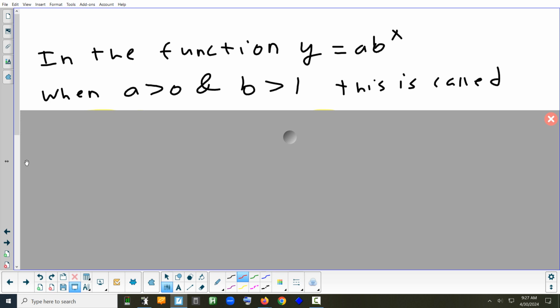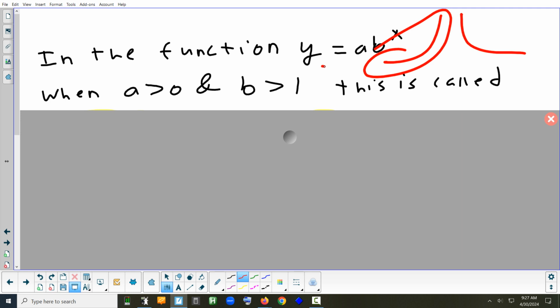All right, so now I told you that there were 2 types of exponential functions we were going to study this week. One of them looks like this, and the other one looks like that. Does anybody remember what that one's called? Where it curves up as we go to the right. What's happening to the y value as you head to the right?